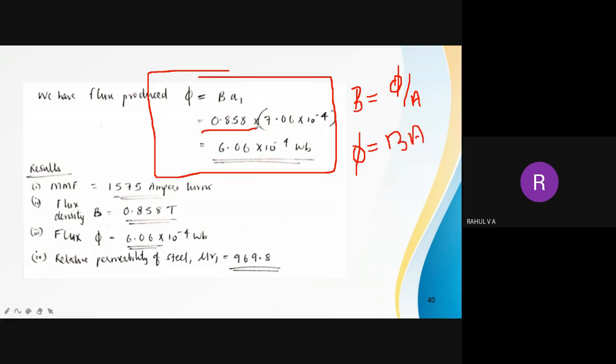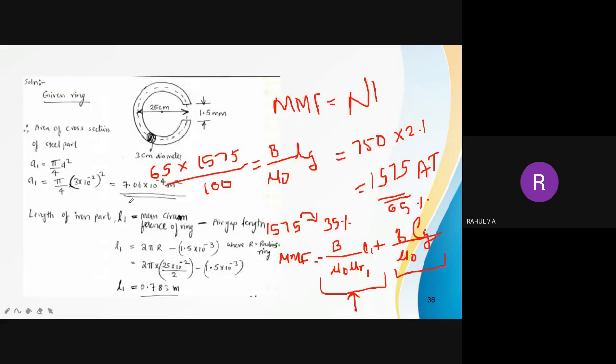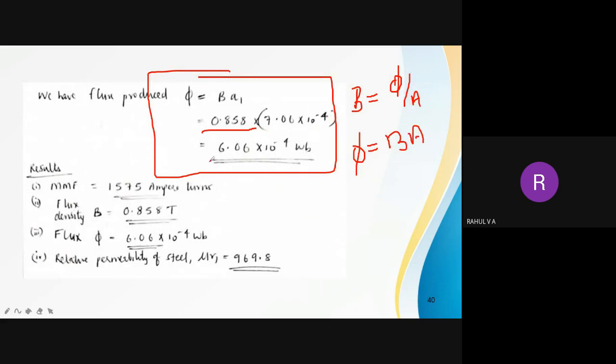B we have calculated just now, and area we have already calculated here, 7.06 into 10 raised to minus 4. If you multiply both, you will get the value of flux. So you can write this also.